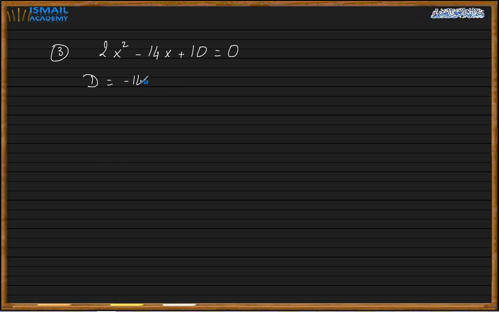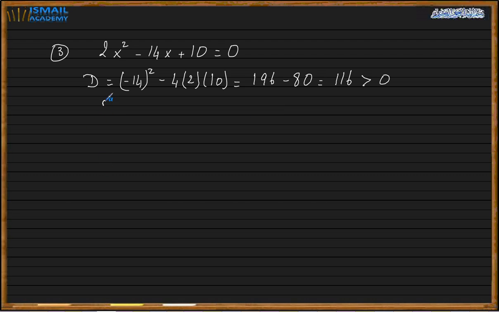So it is minus 14 squared minus 4 times 2 times 10, which will be 196 minus 80, which is 116. It's greater than 0, but it's not a perfect square. So I know that I have two distinct solutions.